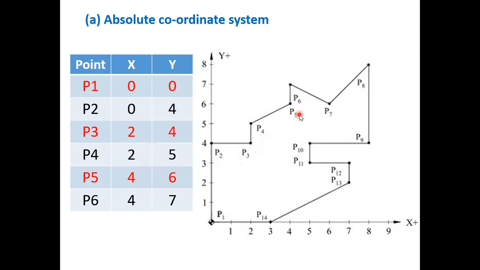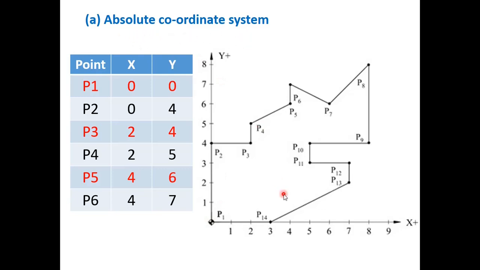Similarly, we can go for P5, 4 comma 6, and P6, 4 comma 7. In all these points, the measurement is done from this center, that is 0 comma 0. So the center is not changing. 0, 0 is not changing, or you can say the origin is not changing. Origin remains constant in case of an absolute coordinate system.